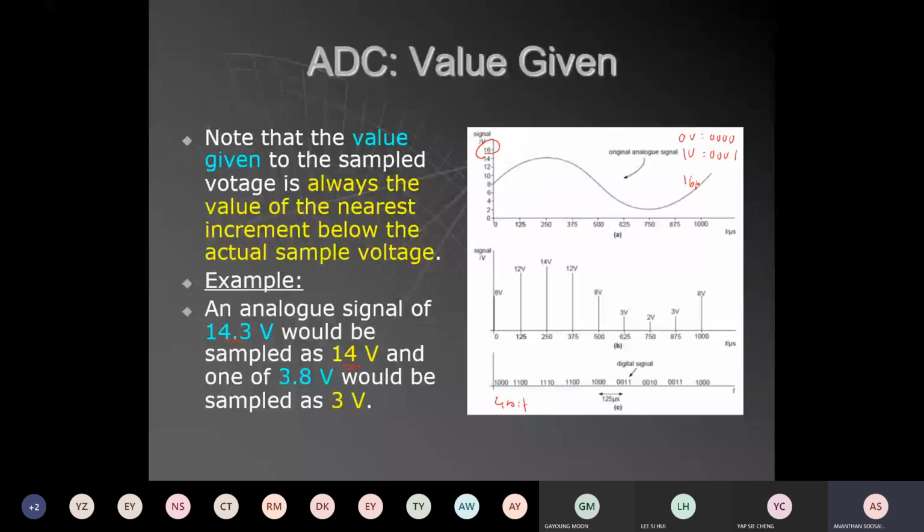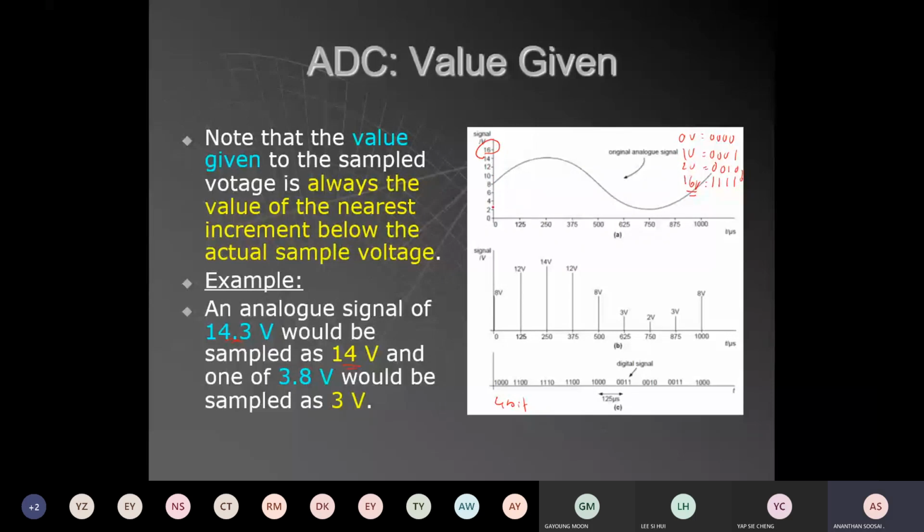So up to 16 volt, the code is 1111. 2 volt is what? 0010. Continuous. So 4-bit is only capable of 16 energy levels, only 16 levels.